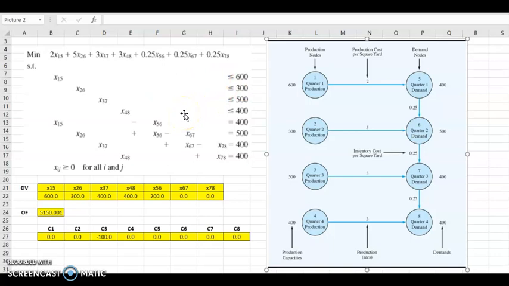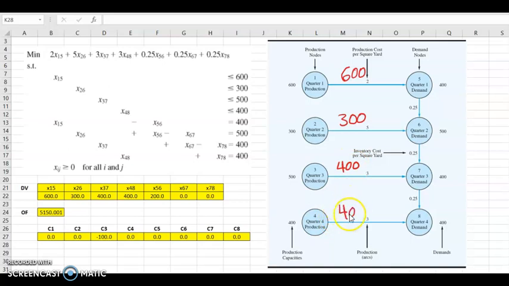It says that in the first quarter, they must make 600. In the second one, 300. In the third quarter, 400. And in the last one, 400.